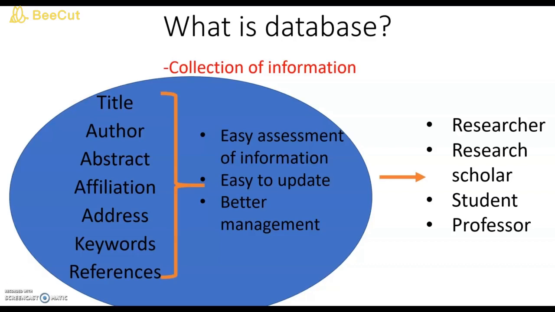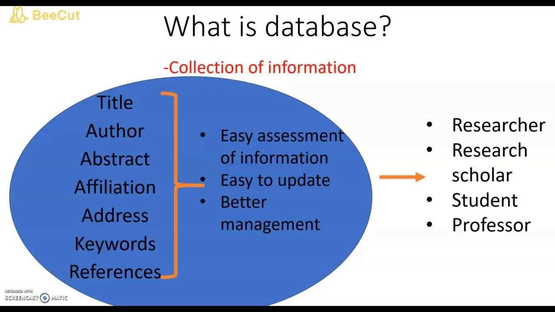So all this information, including the title of the paper, the authors, the abstract, the affiliation, their address, keywords, and references, all together forms the information and ultimately the database. This database is very informative.